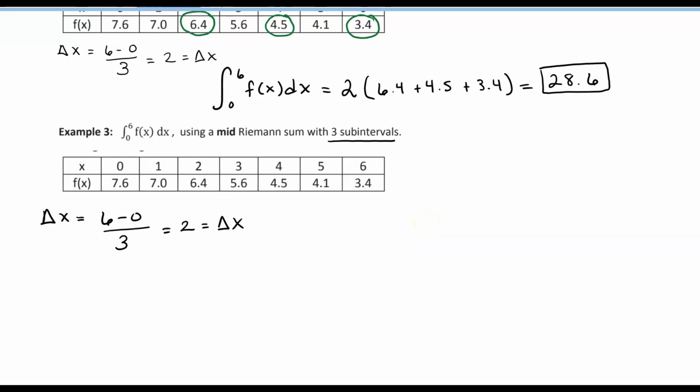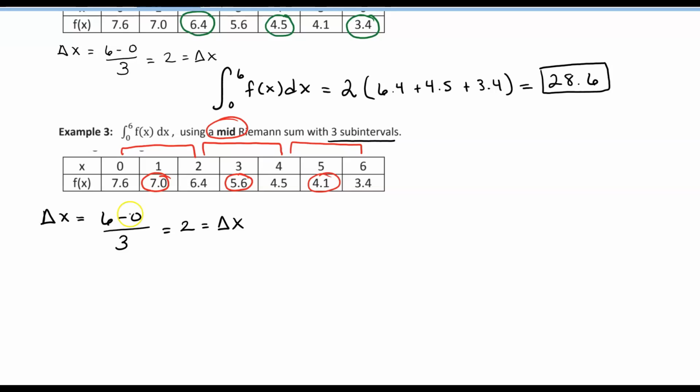We're going to draw out our subintervals, and let's say we use the color red. So 0 to 2 is one subinterval, 2 to 4 is another subinterval, and 4 to 6. That follows our delta x being 2. And now we're going to use the value in the middle of those numbers. The middle number from 0 to 2 is 7. The mid number from 2 to 4 is this 5.6, and the mid number from 4 to 6 is 4.1.